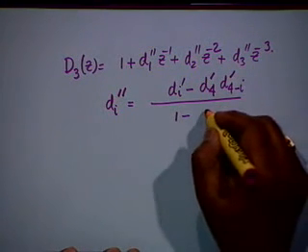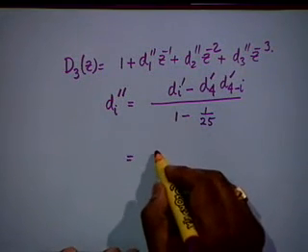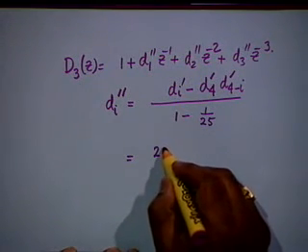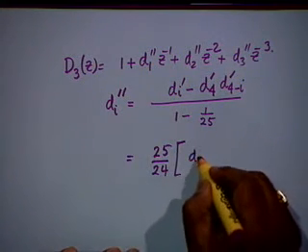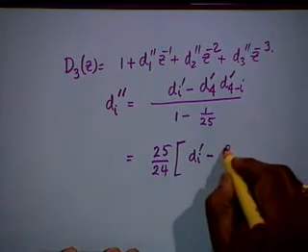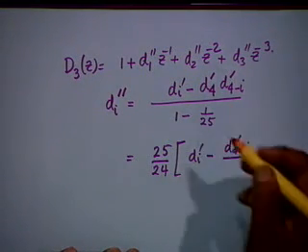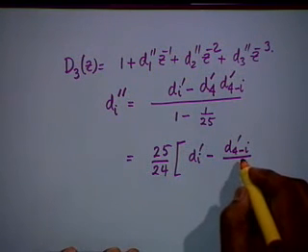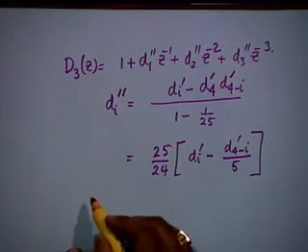What was d4 prime? 1/5. So 1 minus 1/25. Write this as 25 divided by 24 times (di prime minus d4 prime times d4 minus i prime), where d4 prime is 1/5, so 5, and calculate the coefficients.